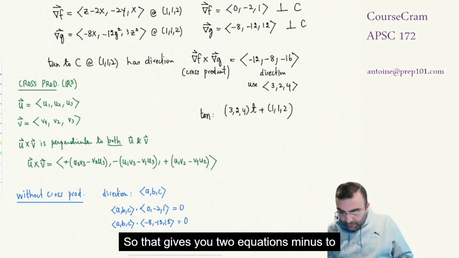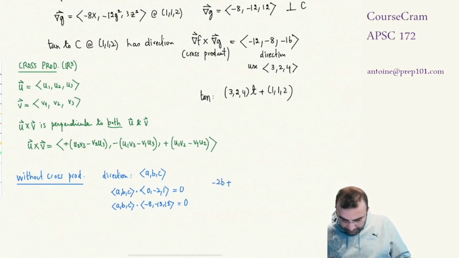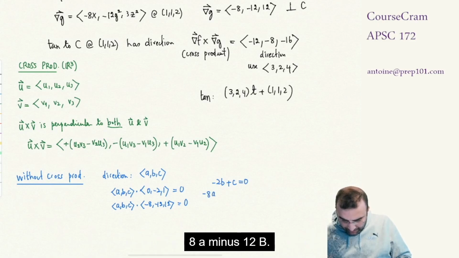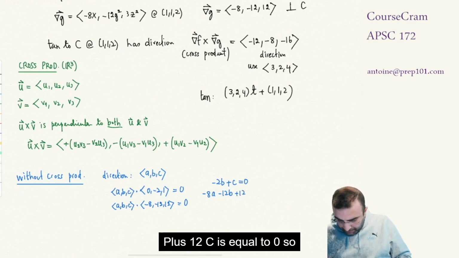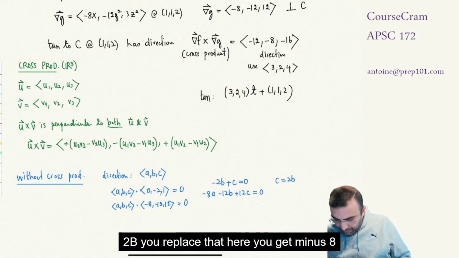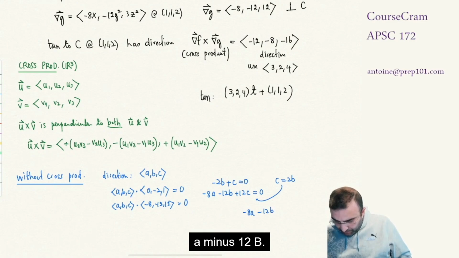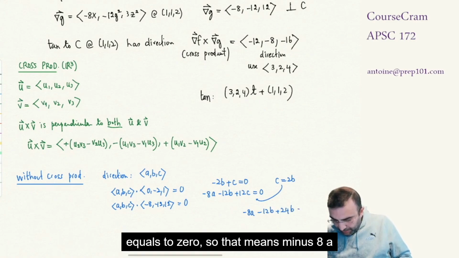So that gives you two equations: minus 2b plus c equals 0, and minus 8a minus 12b plus 12c equals 0. So you could solve this. You can say c is equal to 2b. You replace that here, you get minus 8a minus 12b, and c is 2b, so that's plus 24b, equals 0.